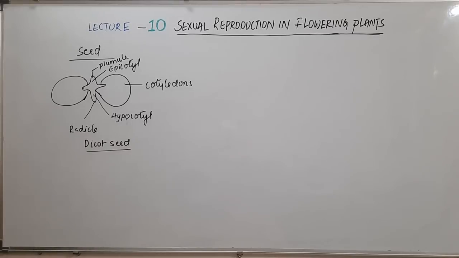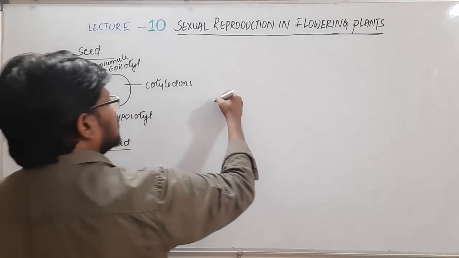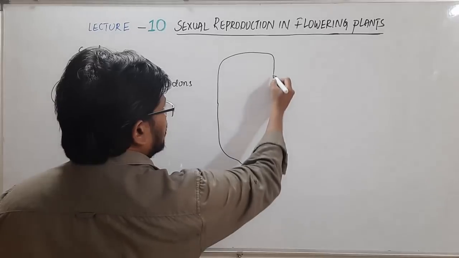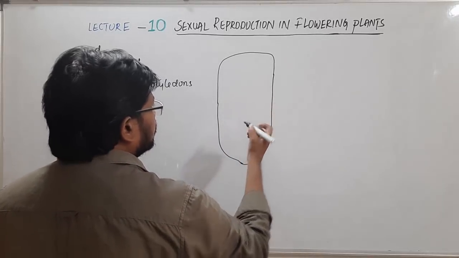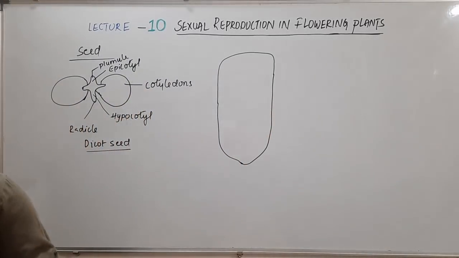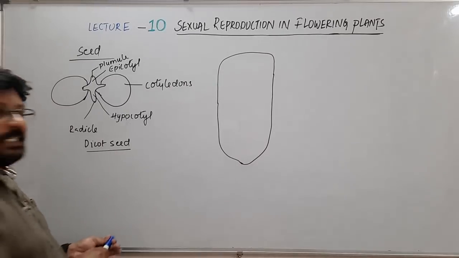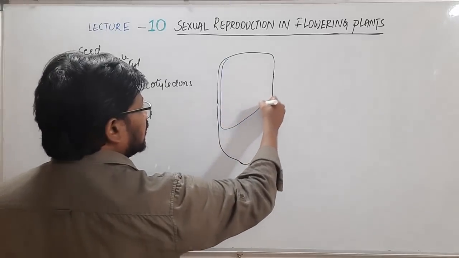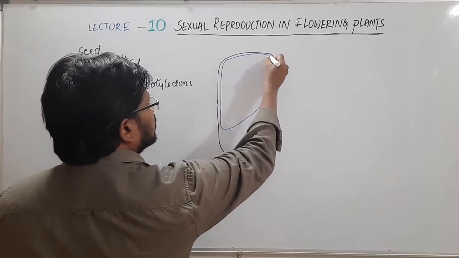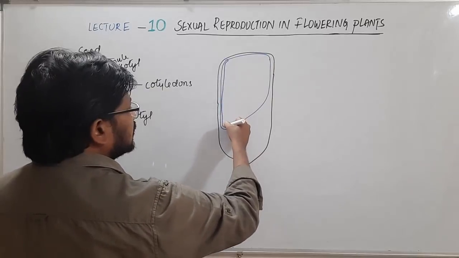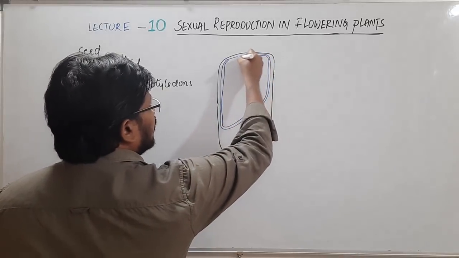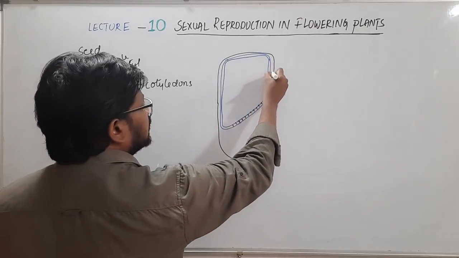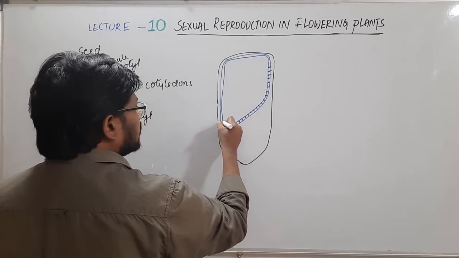Now coming to monocots, I'm going to take the example of maize. In a maize seed you will find something like this. This is the aleurone layer, which is present around the endosperm.